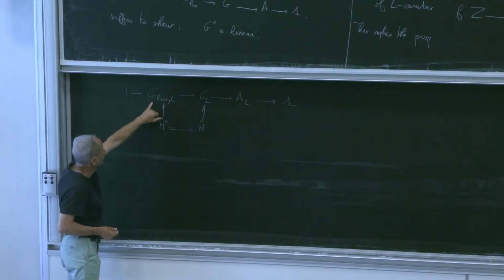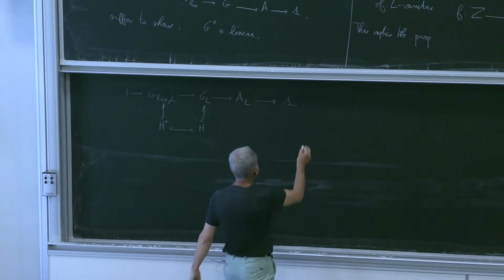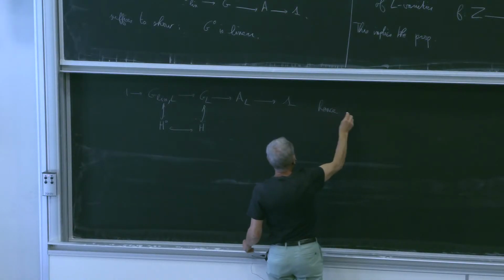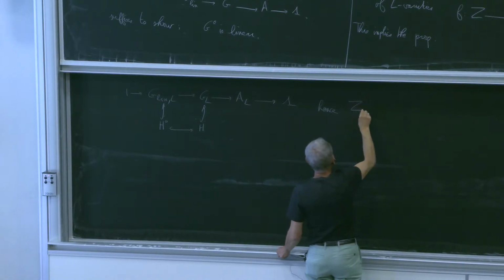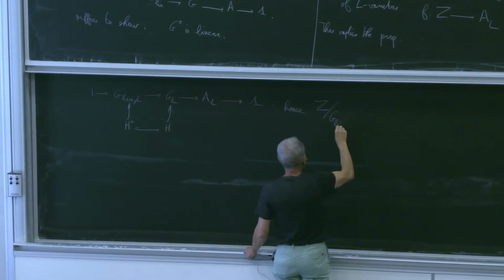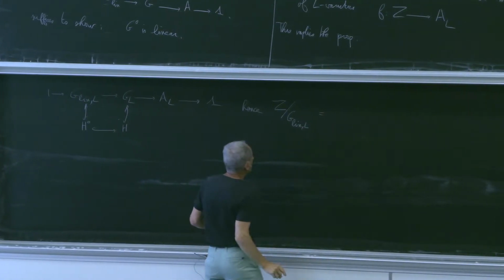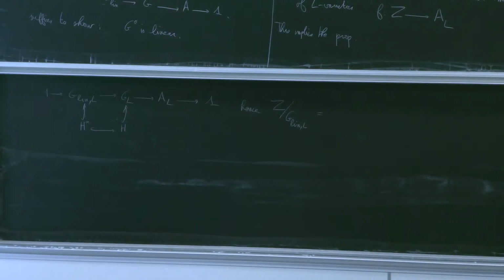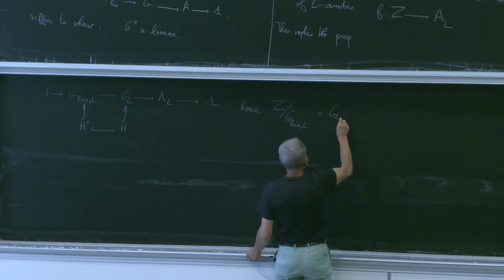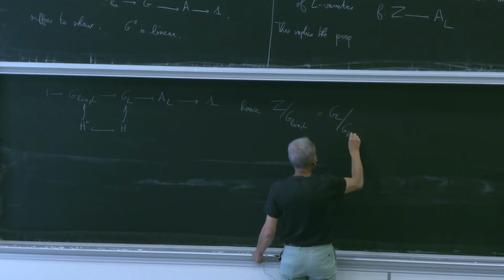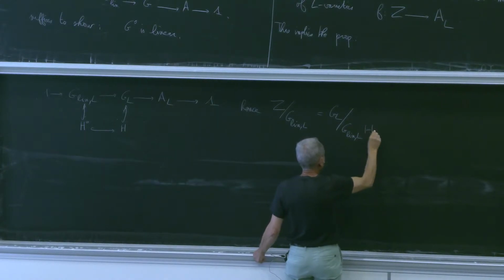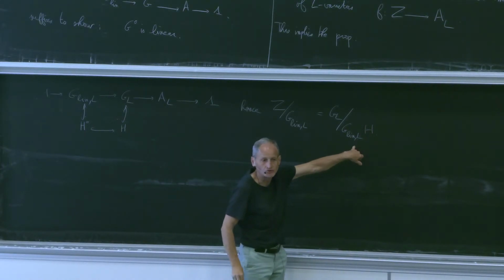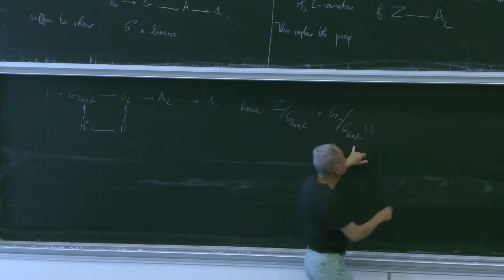So you have this H naught here, and hence, if you look at this quotient, Z mod G lin L, now, well, this G lin acts on the left on this, and if you take the quotient by G lin, it's just GL modulo G lin L H. This is a subgroup generated by both. This was a normal subgroup, so there is no big problem in this.